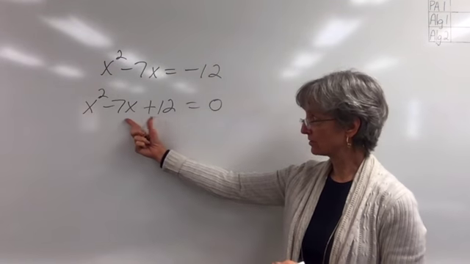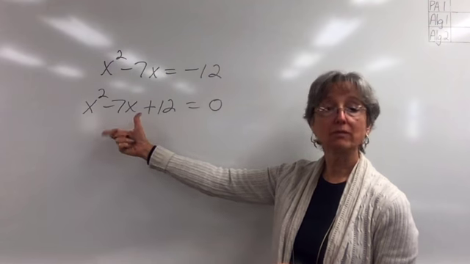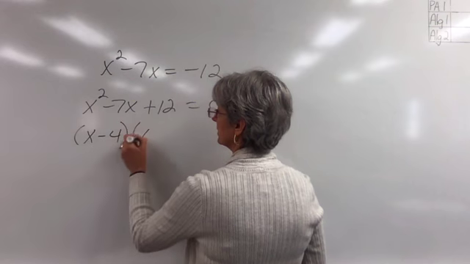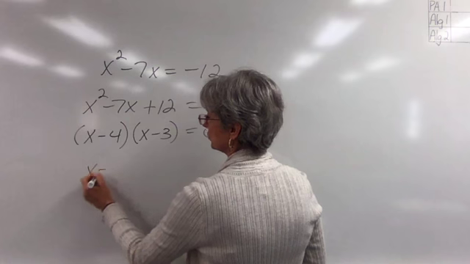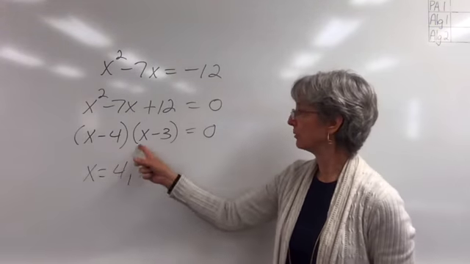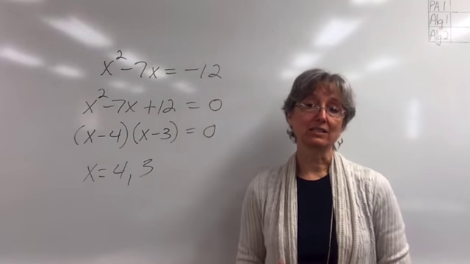The two factors that multiply to be 12 and add up to be negative 7 would be negative 4 and negative 3. So this is x minus 4 times x minus 3. And so my solutions are 4 and 3, because that would make that one 0 and that would make that one 0. There are your solutions, x equals 4 and x equals 3.